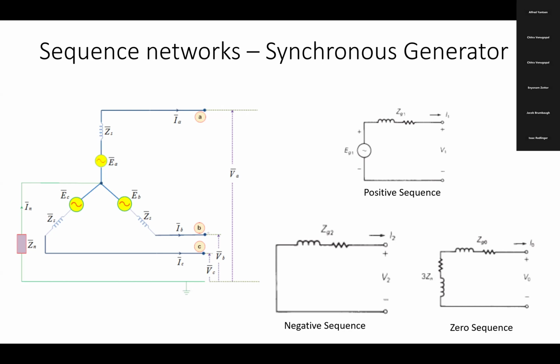All these things need to be included in the sequence components. And there are different types of combinations that can happen. Transformers can be connected in star, or in delta. If it is a star connection, then there is a ground connected. If it's a delta connection, there is no ground. So the transformer is the complex part.